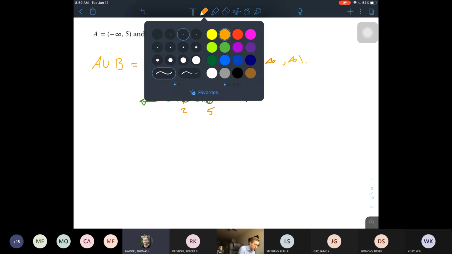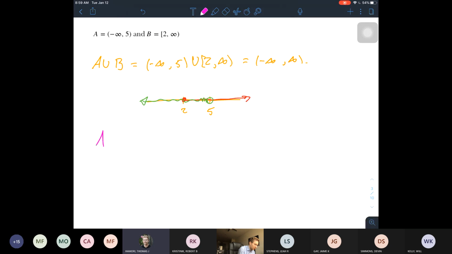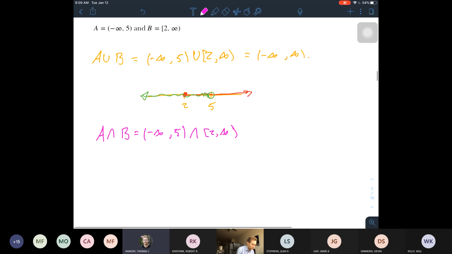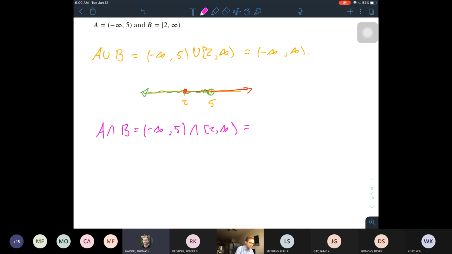All right, and then we'll do A intersect B. That's going to be negative infinity, comma 5, intersect 2, comma infinity. Oops. Should be a parentheses. And what are we thinking for this one?